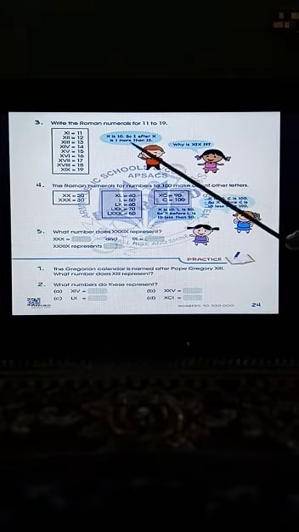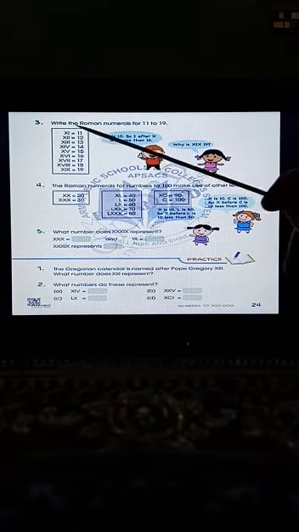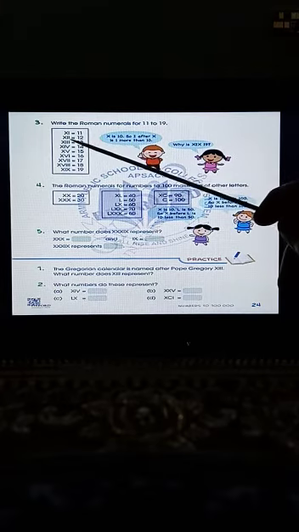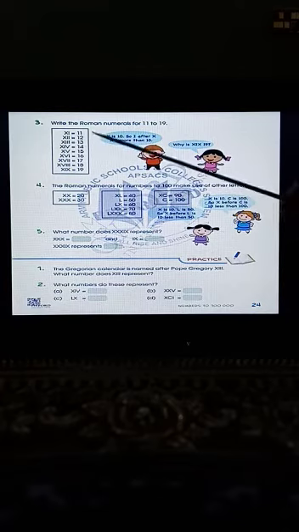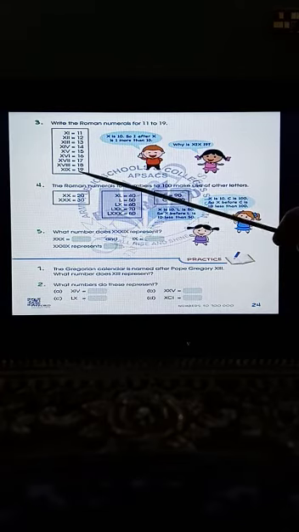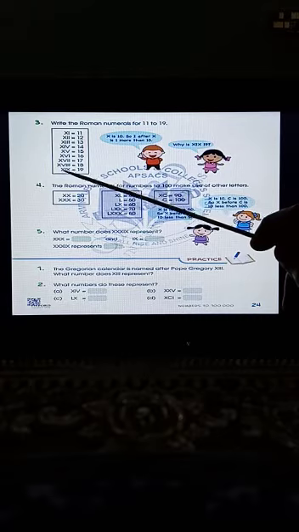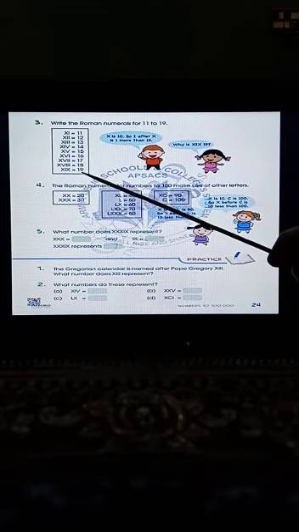X is 10, so 1 after X is 1 more than 10. So XI becomes 11, XII becomes 12, and so on. Up to 19, we write XIX, where IX is 9, so 10 plus 9 becomes 19.